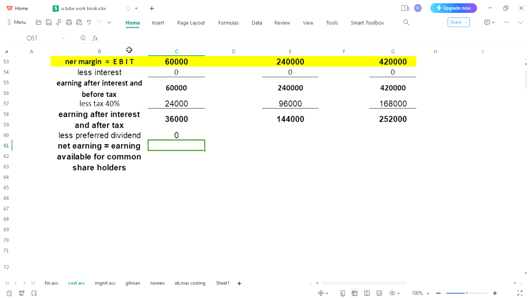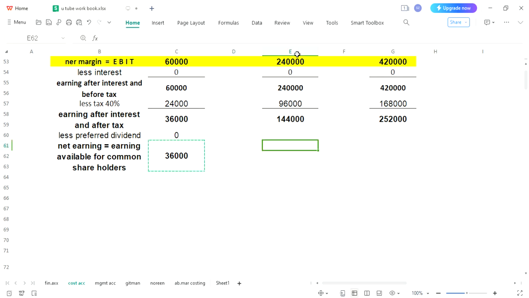So obviously, when you are not paying any dividend to preferred shareholders, you will have the same earning. Otherwise, we would need to subtract preferred dividend from previous earning, 36,000 previous earning, your preferred dividend 0. So you have got your earning available for common shareholders. First option has been finalized.